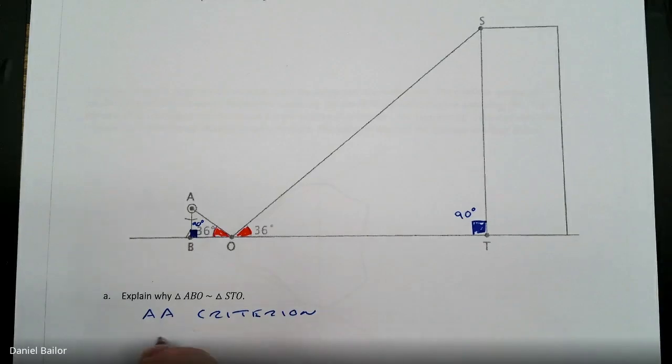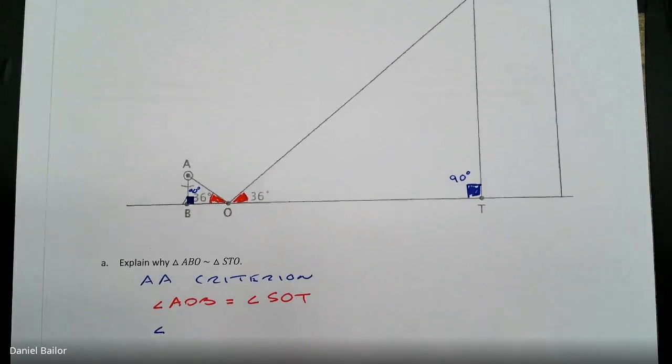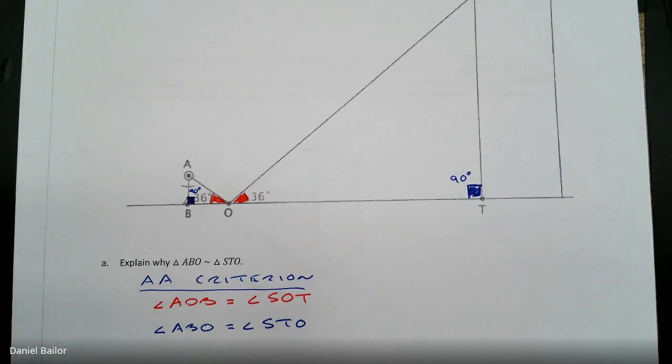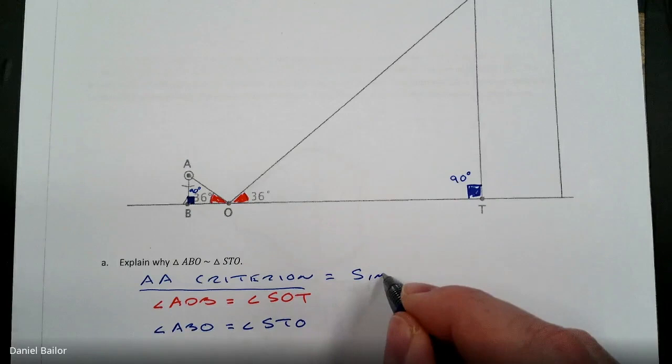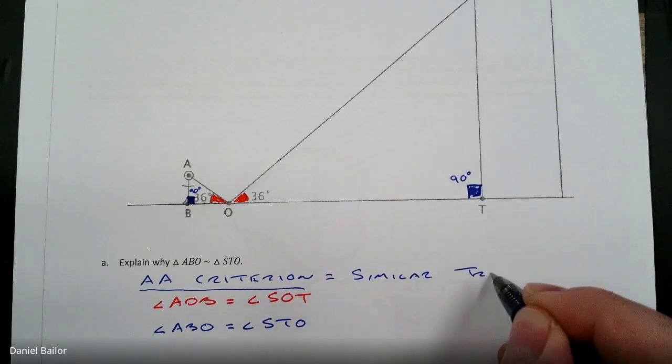So angle AOB equals angle SOT, and angle ABO equals angle STO. We have two angles that are equal, so they are similar. AA criterion means they are similar triangles.